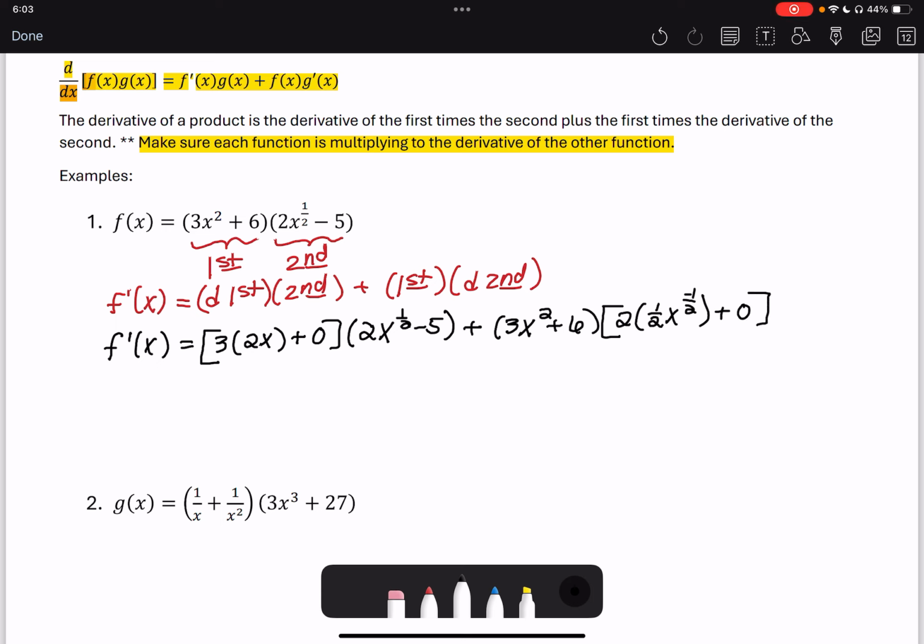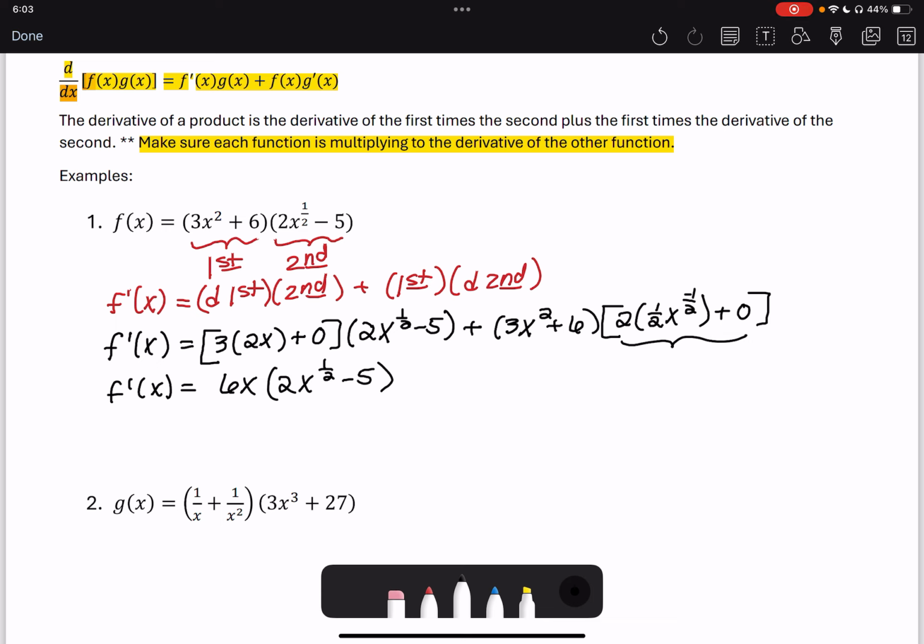Okay, and then let's just clean this up just a little bit here. So we'll say f prime of x equals, and that's going to be 6x, that first part there just simplifies to 6x, times 2x to the 1/2 minus 5. And then the second thing, if I multiply the 2 and the 1/2, that's just 1.